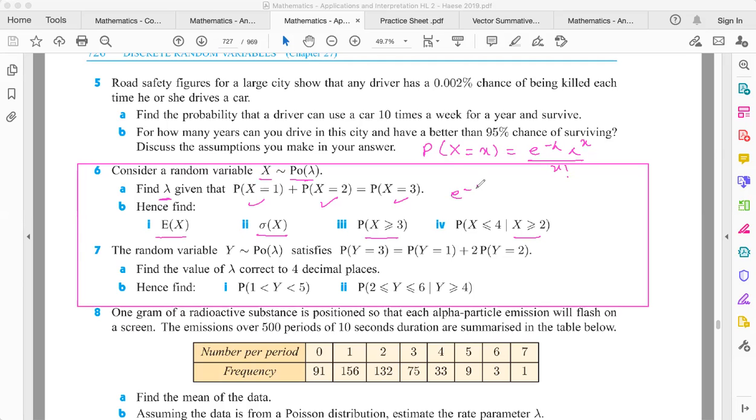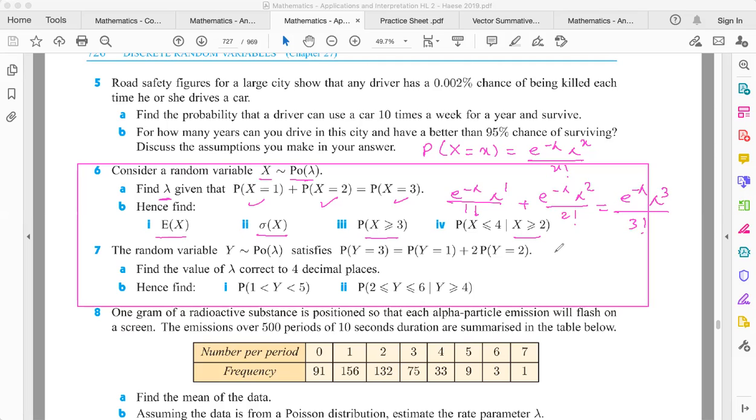So e to the power minus lambda, lambda to the power 1 over 1 factorial, plus e to the power minus lambda, lambda to the power 2 over 2 factorial, equals e to the power minus lambda, lambda to the power 3 over 3 factorial.